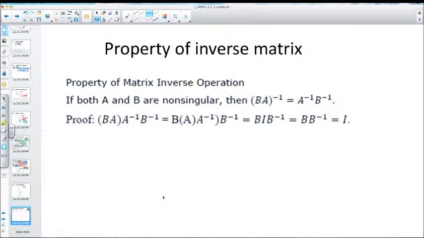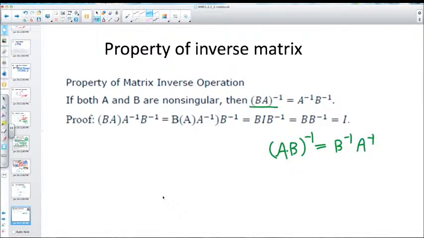Next, we're going to look at the property of inverse matrix. If A has an inverse, B has an inverse, and then A and B could also have an inverse, then the inverse of A times B, you need to swap it to B inverse times A inverse.